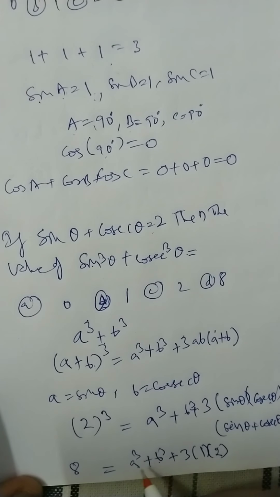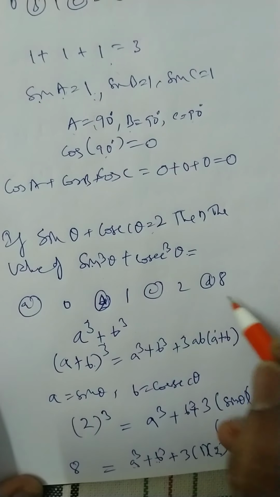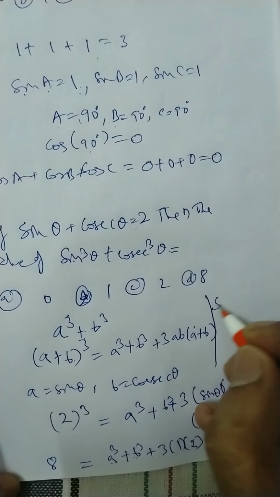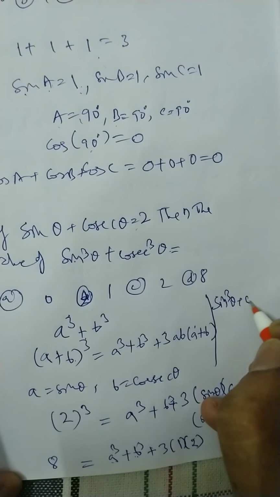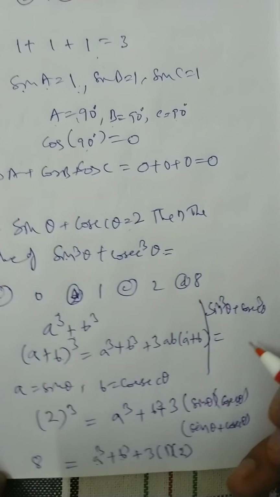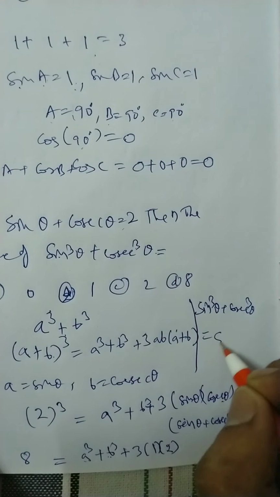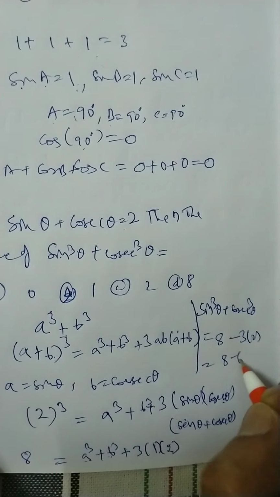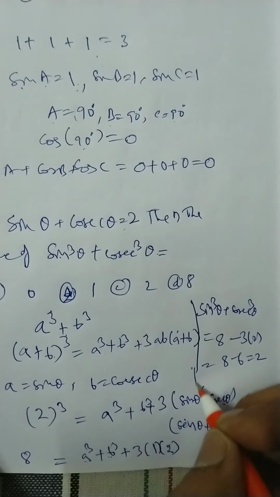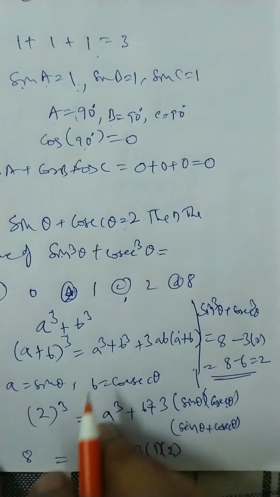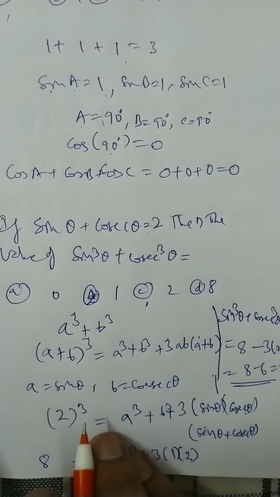So now we get a cube plus b cube, that is nothing but sin cube theta plus cosecant cube theta is equal to 8 minus 3 into 2. So 8 minus 6, the value is 2. So the correct option is C. Okay, so in that way we can solve this problem.